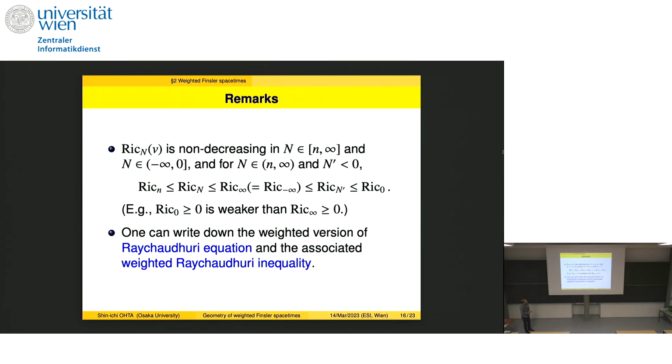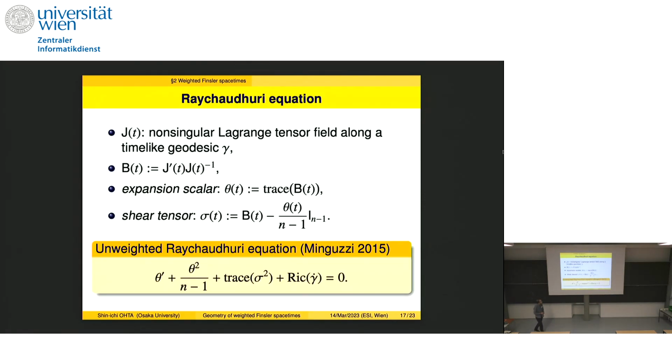And then, by using this weighted Ricci curvature, we can write down the weighted version of the Raychaudhuri equation and also the associated Raychaudhuri inequality under a suitable Ricci curvature bound. And let me explain them briefly. So I won't explain every notation.